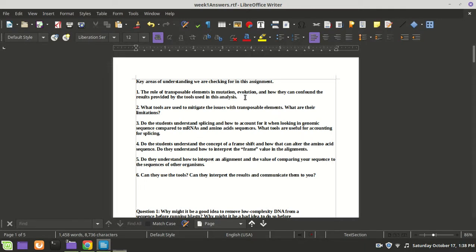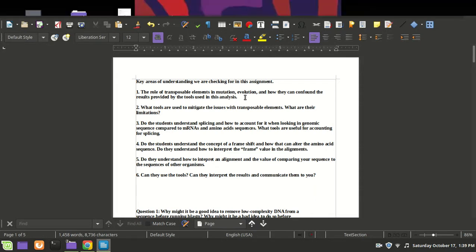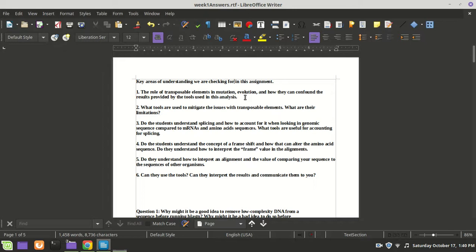Cutting out all of these low complexity regions may allow you to miss something in your analysis. That's what this exercise does, and it goes through all of the tools needed for taking out those repetitive elements and then seeing what kind of issues can arise.